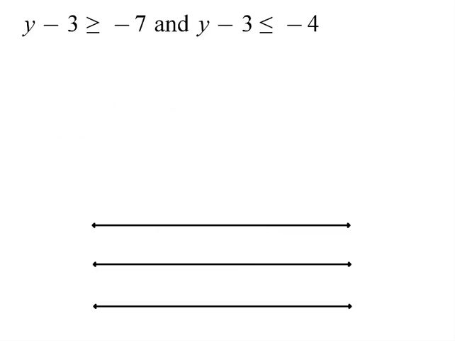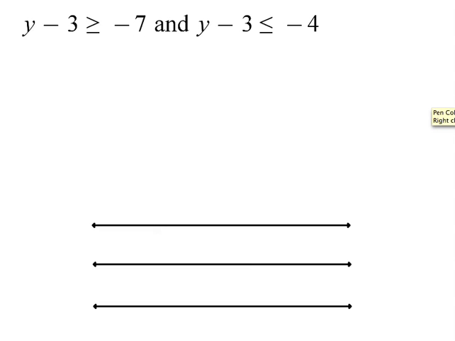All right, let's look at another one. So now this one's a little different than the previous one we just looked at.